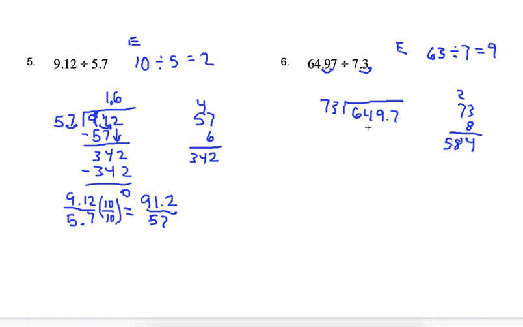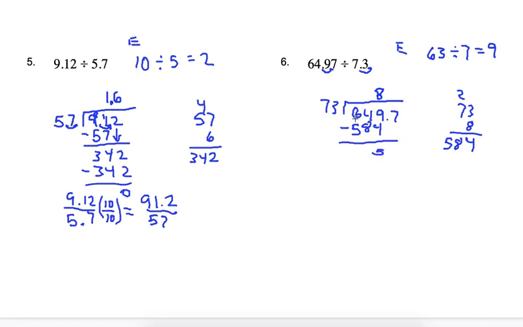There we go. So that's as close as we're going to get, isn't it? Because it's not going to be more, so this would be 8. That would be 584. We're going to subtract that down. See what we get. That's going to give us a 5.